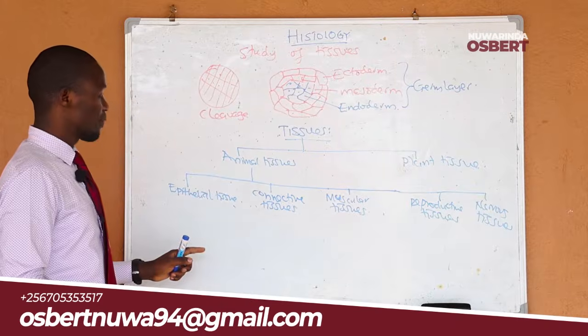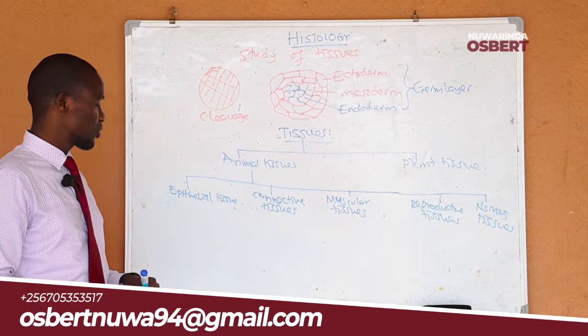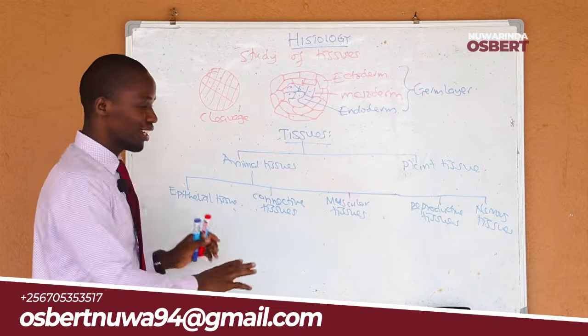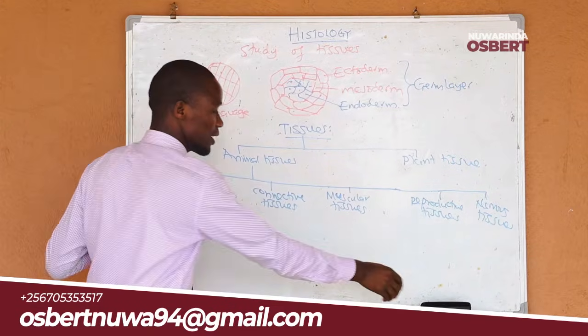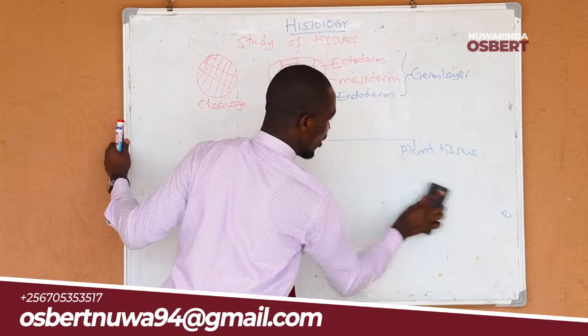Okay, now these so-called epithelial tissues are categorized into two. Now, I request that you allow me to rub off this so that I can have enough space to break down epithelial tissues more.